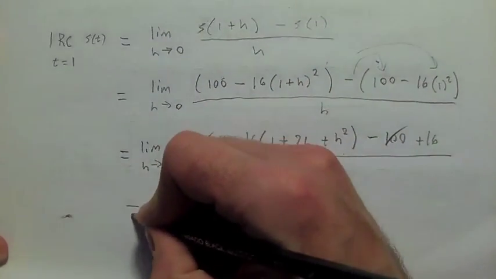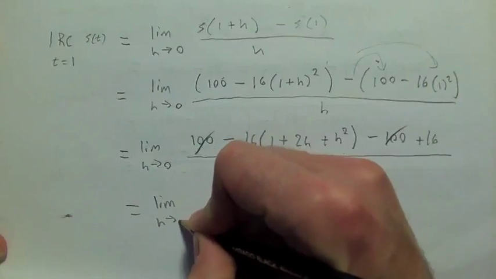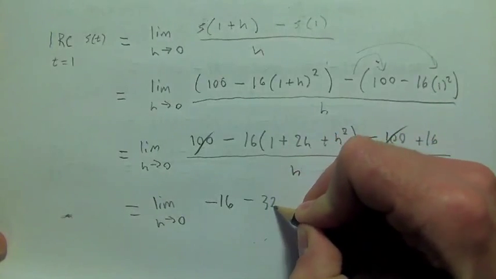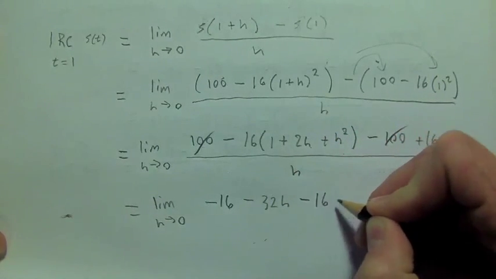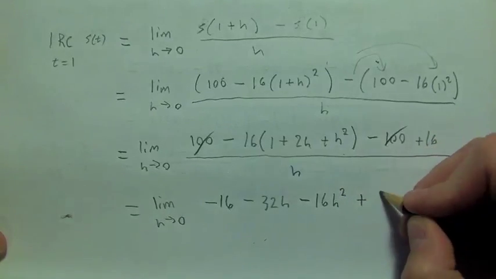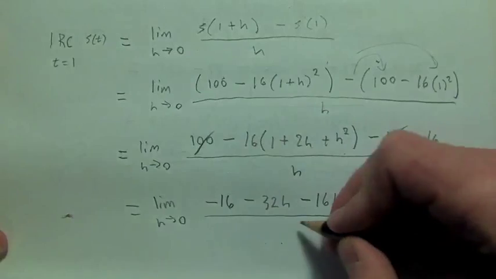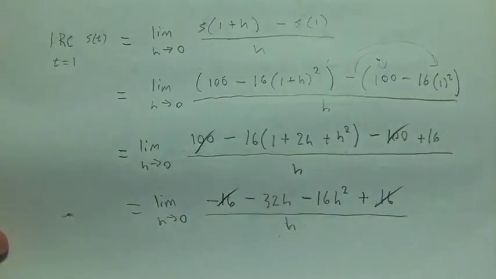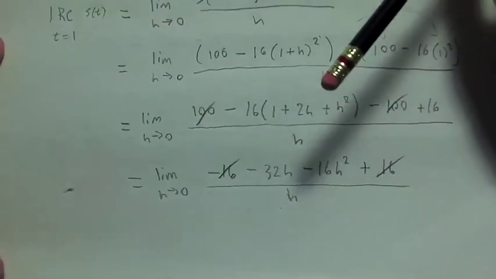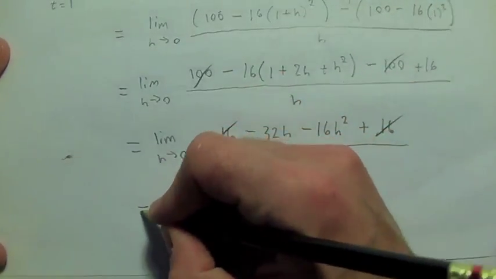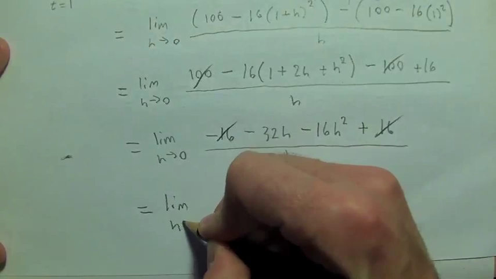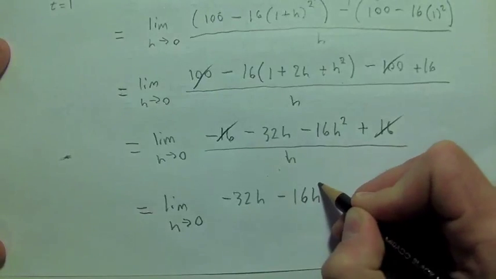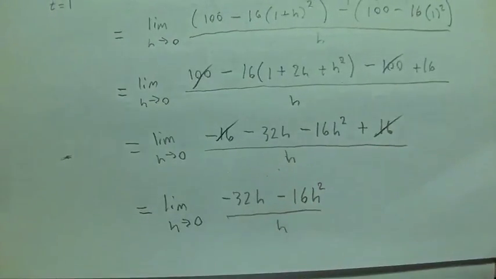We're going to see that here, because now when I distribute this negative 16, I'll get negative 16 minus 32h minus 16h squared plus 16, and it's all over h of course. There's another set of constants that cancel out, and we are only left with h's here. Okay, so we get the limit as h goes to 0 of negative 32h minus 16h squared, all over h.